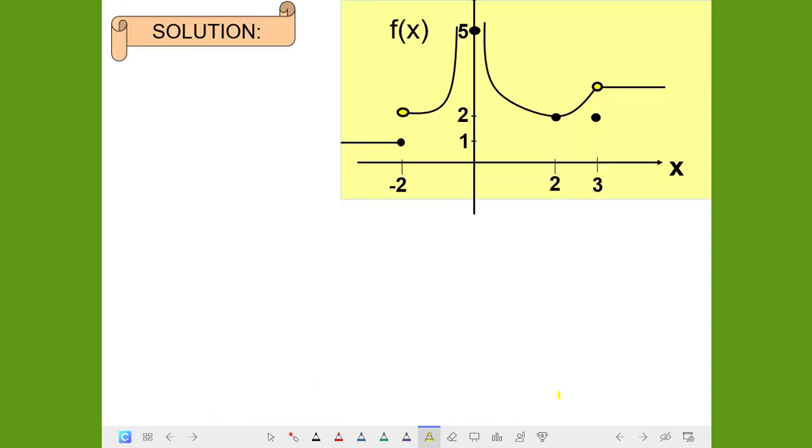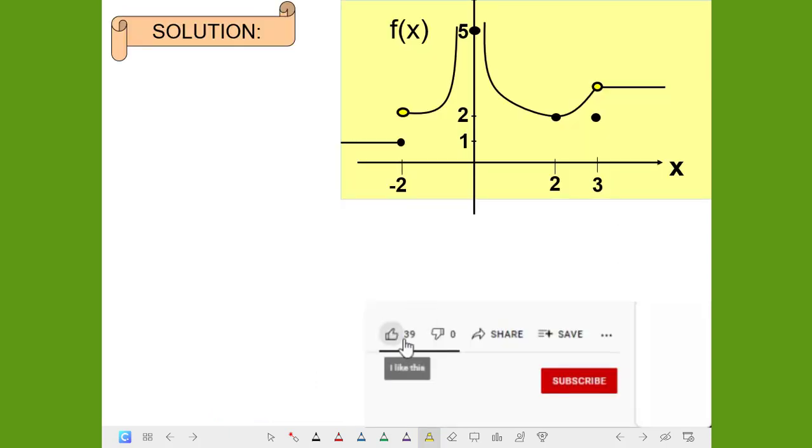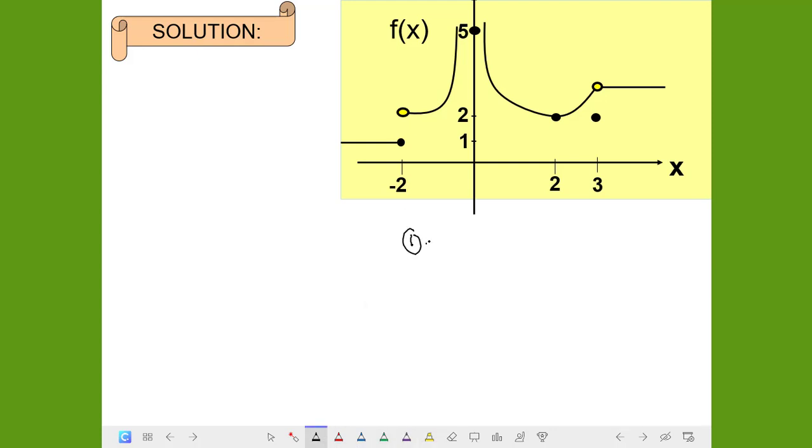The first step: when x is equal to -2, f(-2) from the graph is at this point. So the value f(-2) is equal to 1.